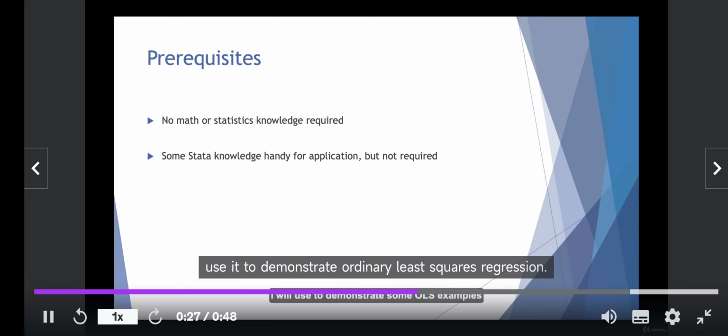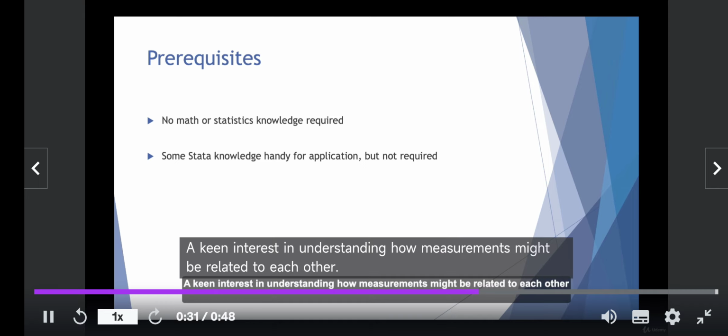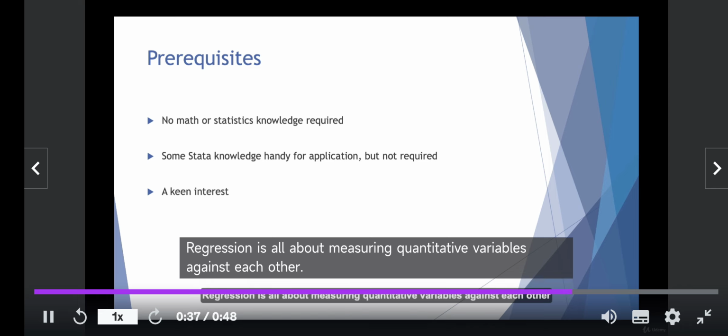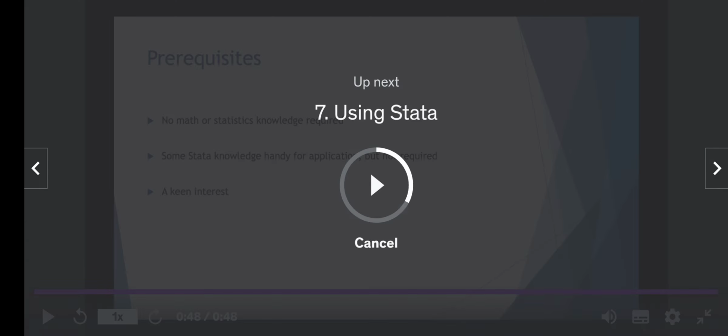I will use it to demonstrate ordinary least squares regression. A keen interest in understanding how measurements might be related to each other. Regression is all about measuring quantitative variables against each other. If you want to know how y is related to x, then this is the right place for you.